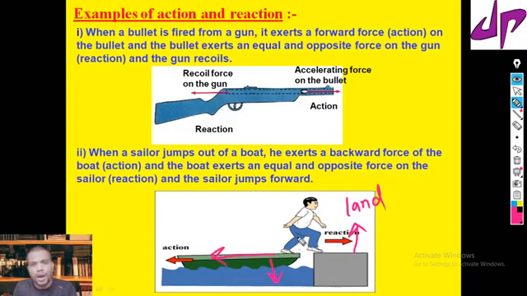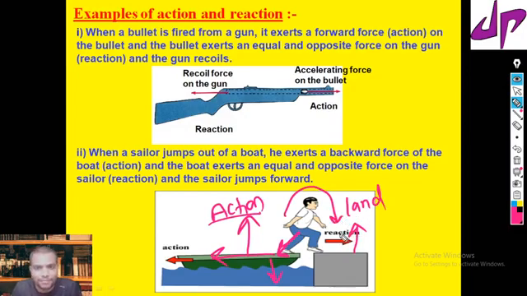It means you are applying force on the boat. Applying force on the boat is called action. Because of that action, we jump onto the land, and that is known as reaction. Without applying a force on the boat, we cannot jump.